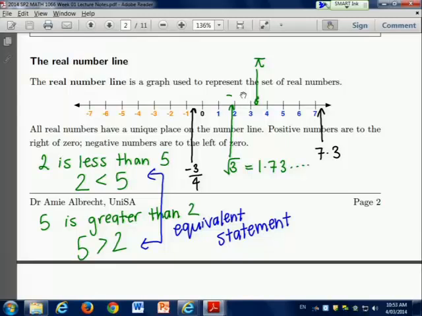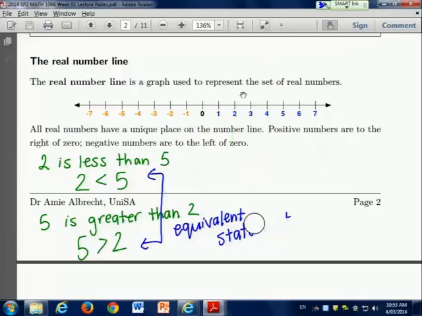Things can be less than or equal to, and they can be greater than or equal to.